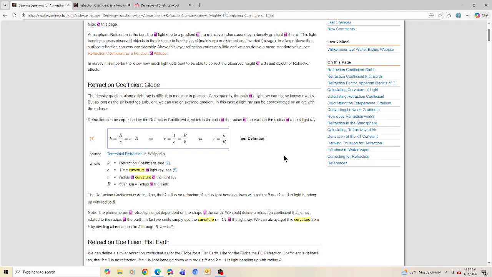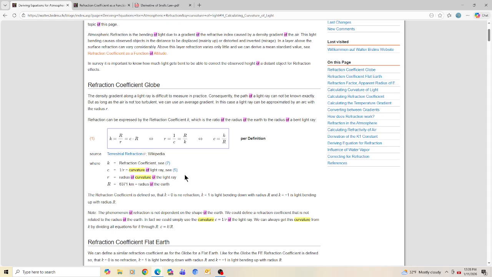Okay, they were set on selling a radius curvature of a light ray. Again, the laws. Light travels in a straight line. Well, not according to this program. Light is always going to have the potential to have a radius.